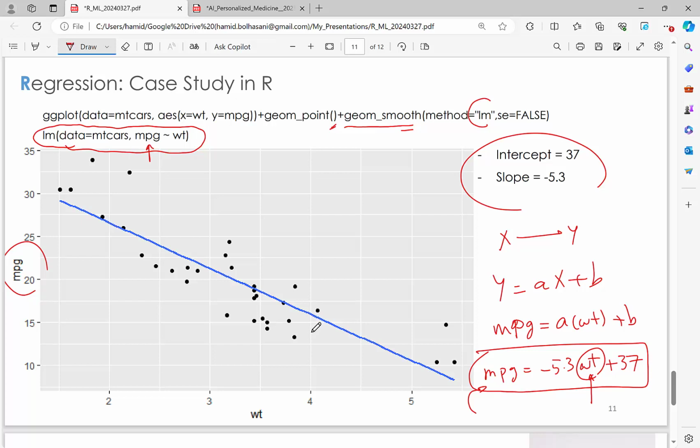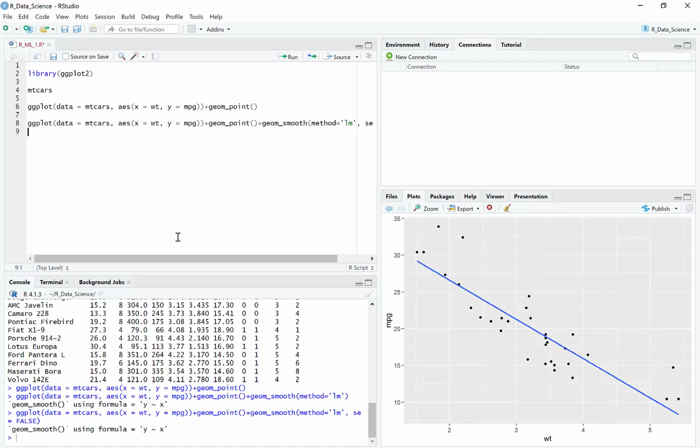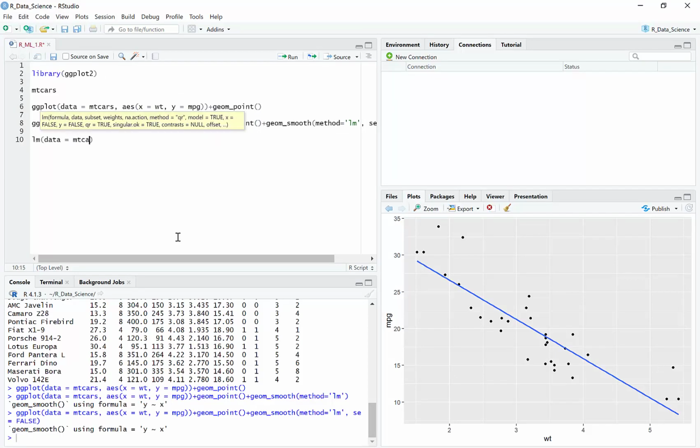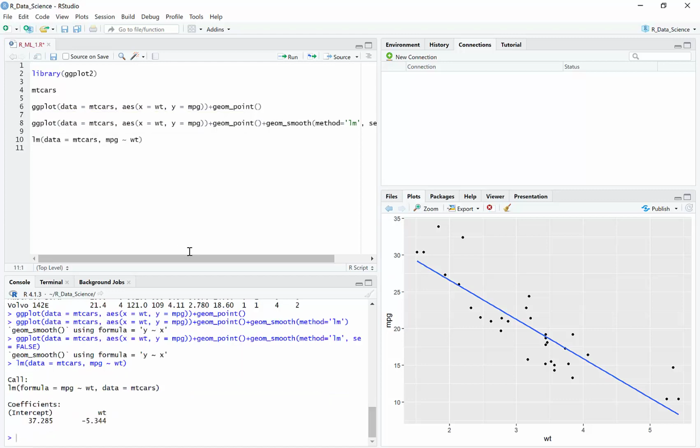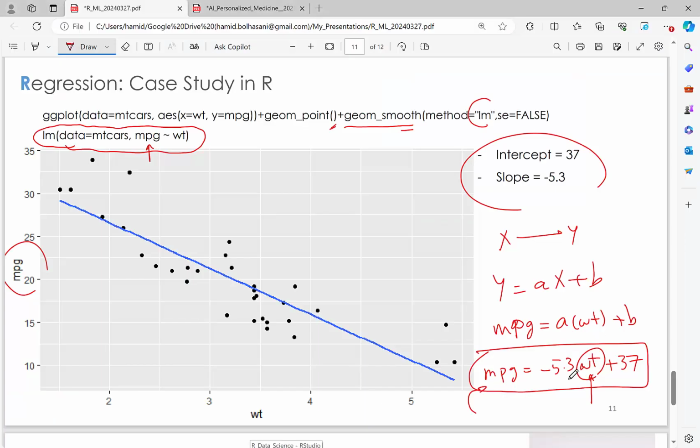Let's see. We can see the coefficients: the intercept is this, and this is the coefficient of wt that I already shared with you.